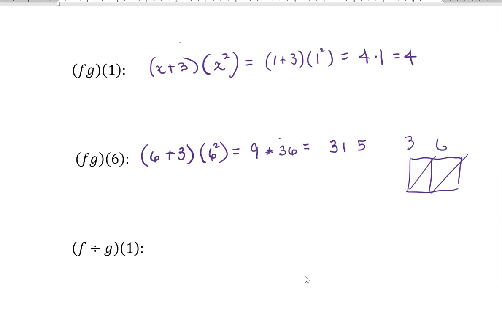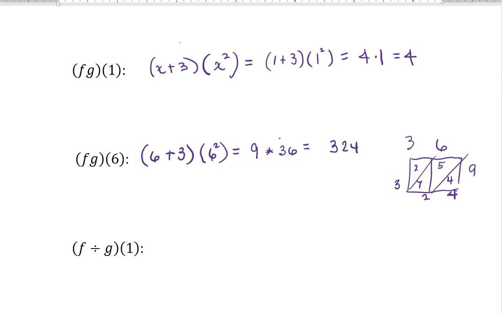All right, 36 and 9... So 3 times 9 is 27. Getting ahead of myself here. So that would be a 324. That's a 324.